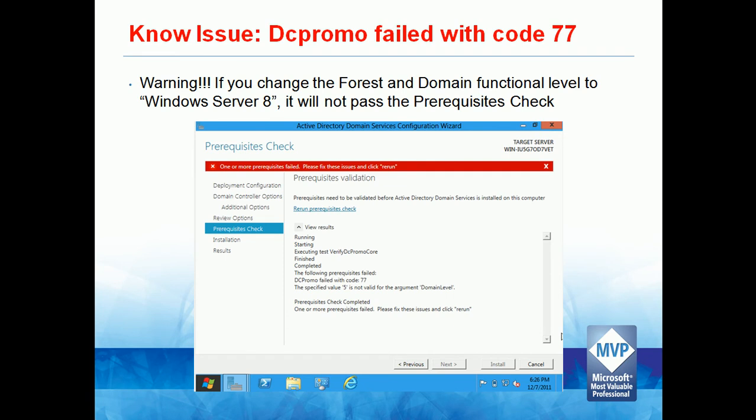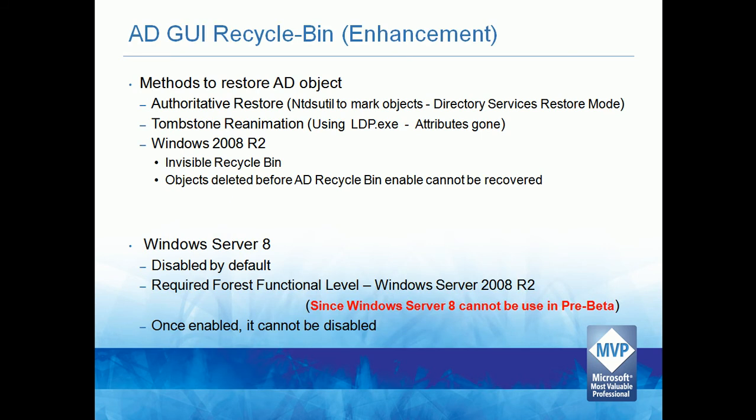Questions? Suppose mixed mode and all, the forest functionality and the domain functionality mode, it supports mixed mode, it has to be addressed from the server to the server container. If you want to add a Windows 8 domain controller, how is it? If you want to add it remotely, that's okay.